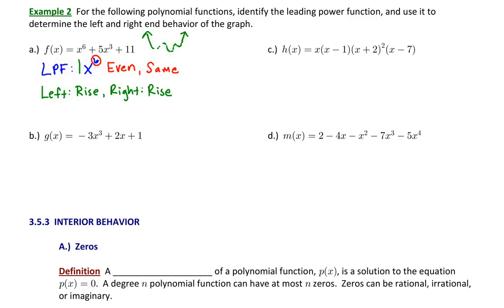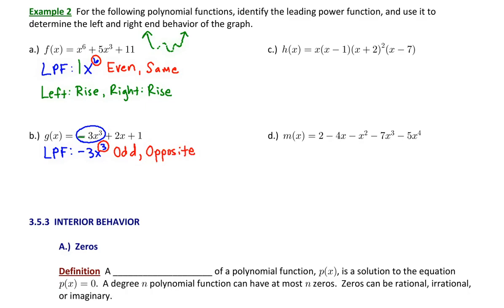On example B, for the function g of x, our leading power function is the term with the highest power of x. So in this case, that would be negative 3x to the 3rd power. Observe that this is an odd degree leading power function. The O in odd reminds me of the O in opposite, so we can anticipate opposite end behavior.